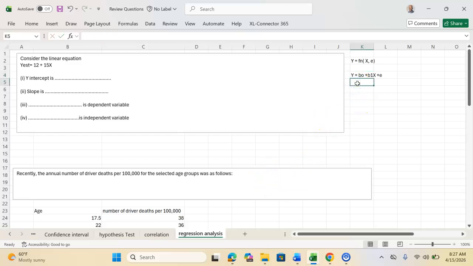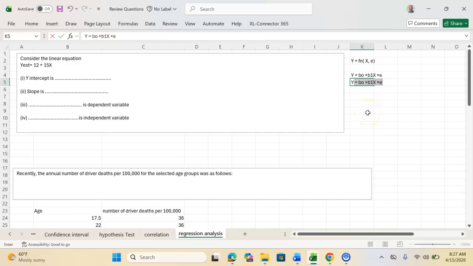So in this case, we have y, which is observed. The y-intercept plus the slope times x is y estimate, and e is the residual.